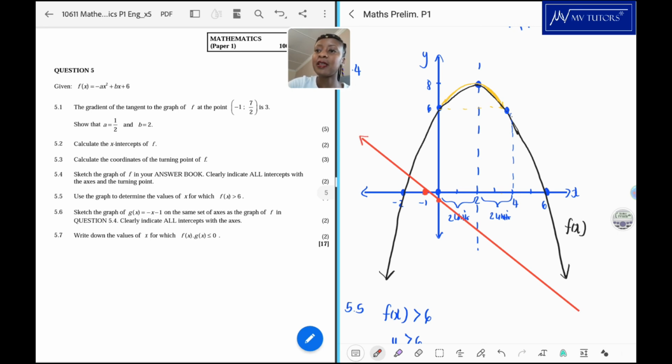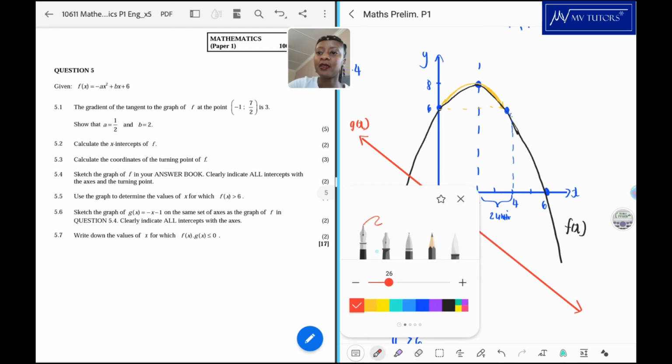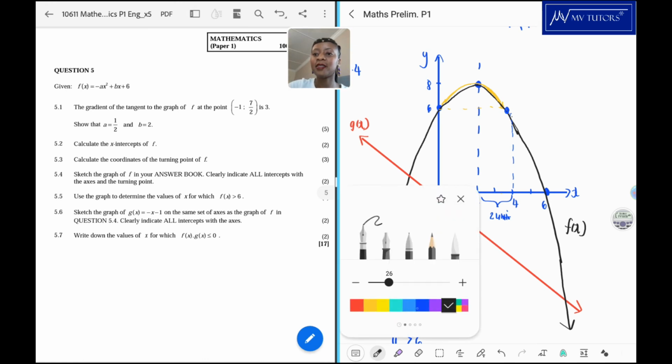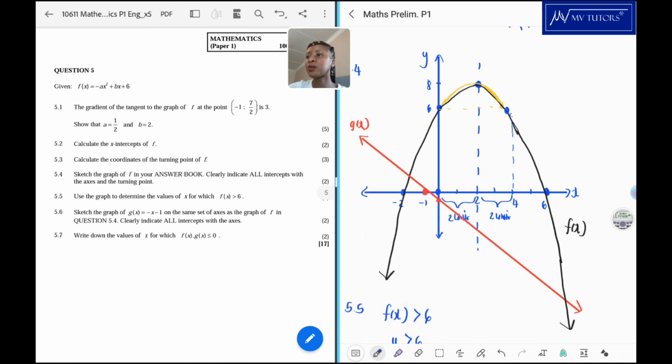And that is g. What I'm going to do, I'm going to extend f a little bit, just so that I see where they actually intersect. Not that it's really fully accurate, but just to see. Okay, so we've drawn the graph.